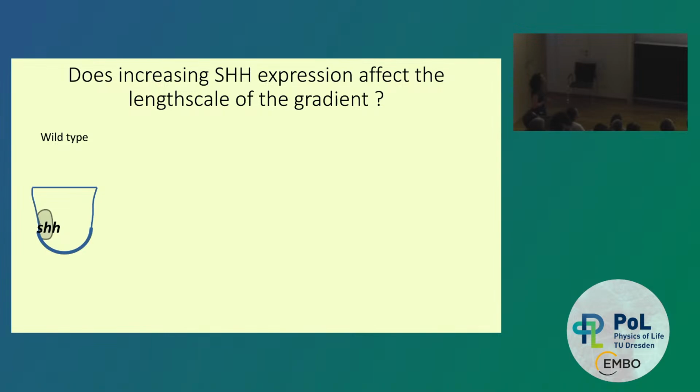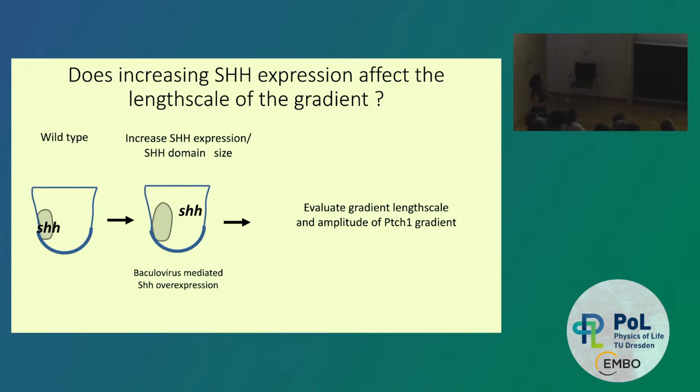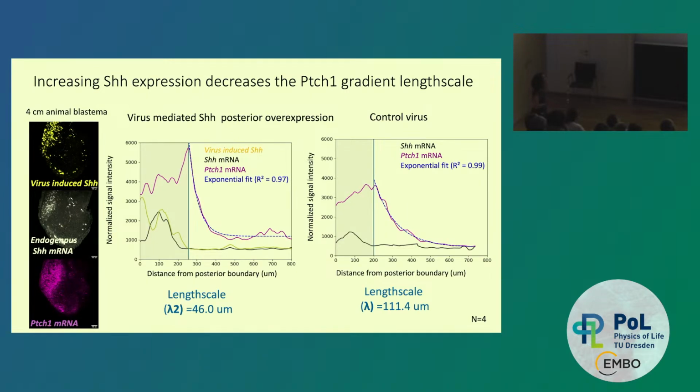So in order to investigate that further, Pietro expressed more sonic in the animal. So he used a baculovirus to target sonic hedgehog expression in the sonic domain in order to just boost the amount of sonic that's being produced.